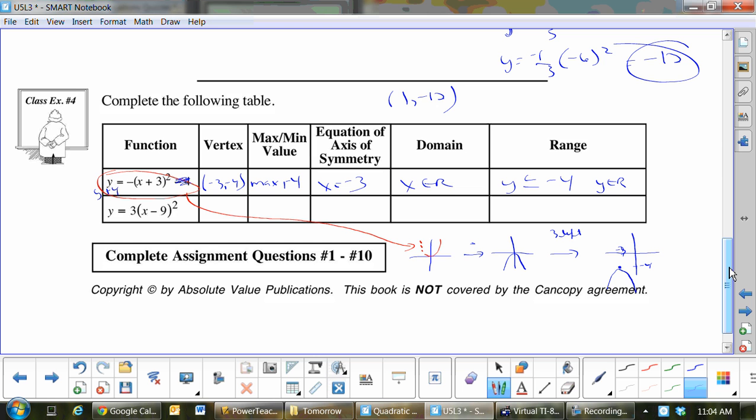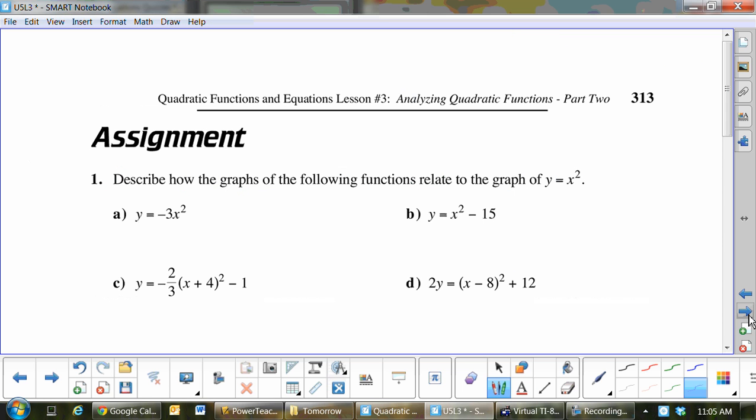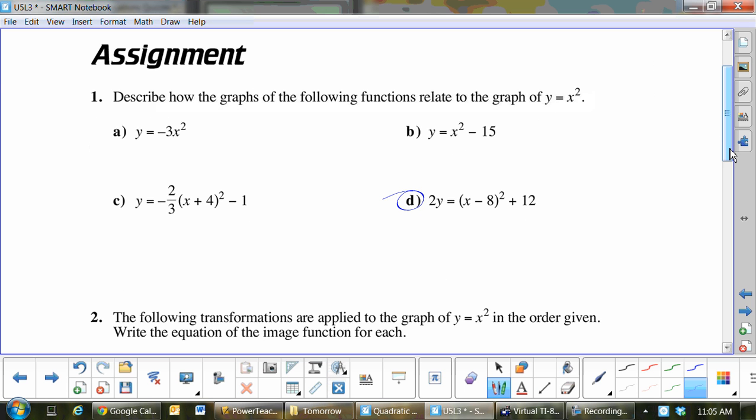Okay. Now, I want to do one question in the homework. It's quick. Just go to number 1D. The reason I'm going through it is because last year, students weren't quite doing the math right. I want to get the 2 on the other side, right? Just like we did in that other question, but that other question didn't have that 12 over there. So you're going to divide by 2, right?